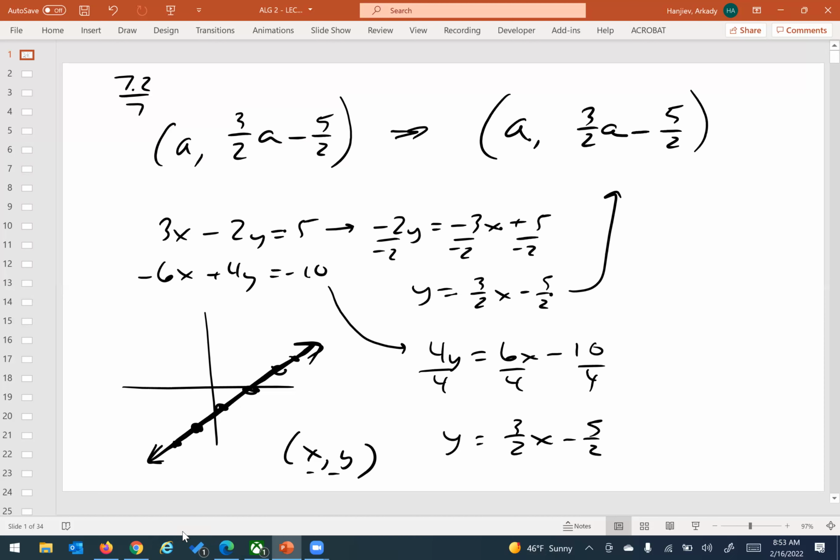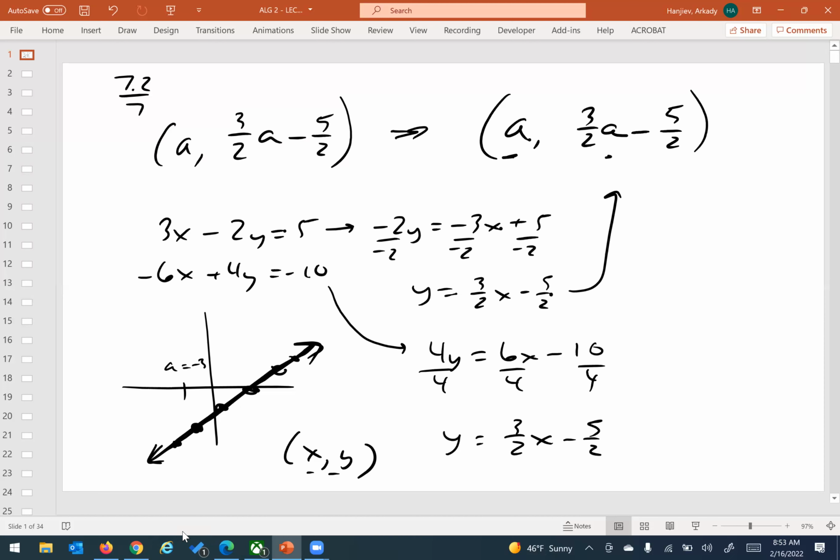Does that make sense? So any x plugged in and the y value will be of this nature. So if a is -3, then I can plug a -3 into a, and it should give me a point that's on the line.